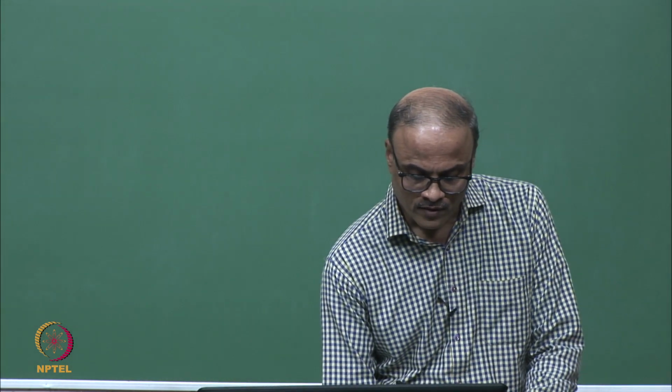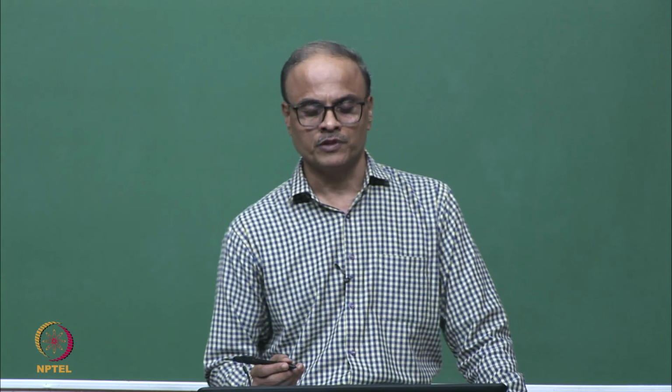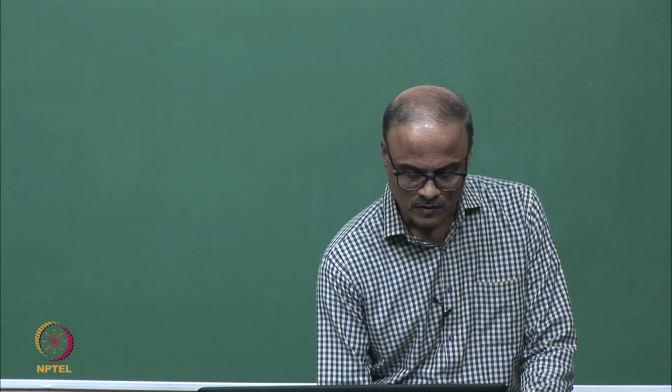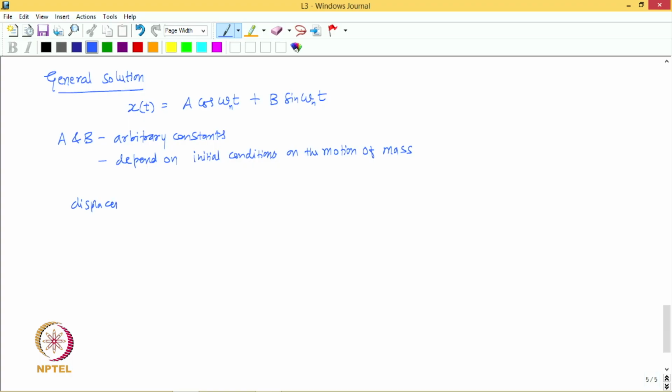So we require 2 variables to be specified, and generally the displacement and velocity are specified as the initial conditions. So the dynamic state of the mass is specified by specifying the initial conditions on the displacement and velocity.